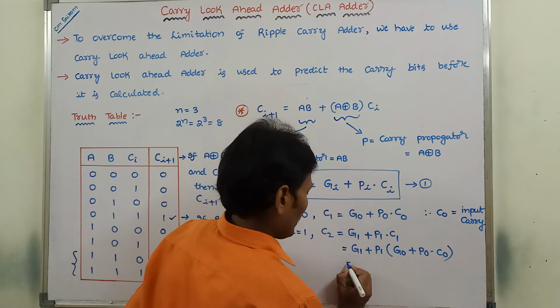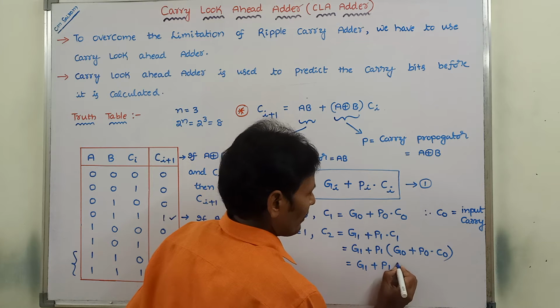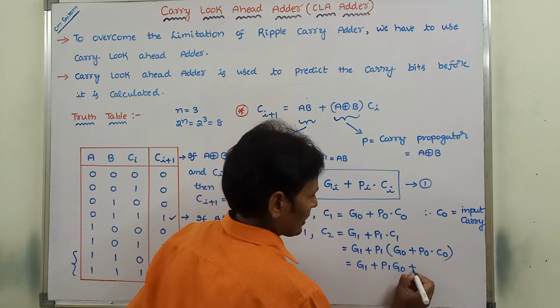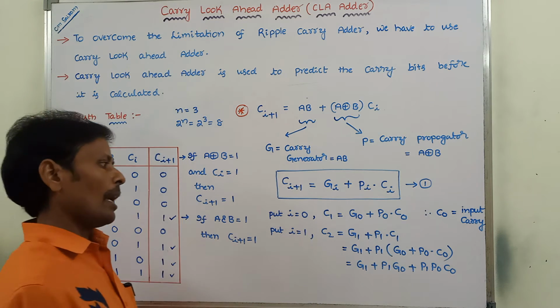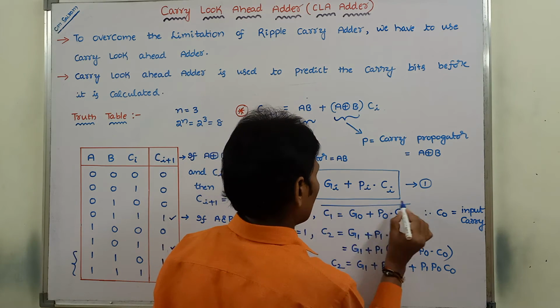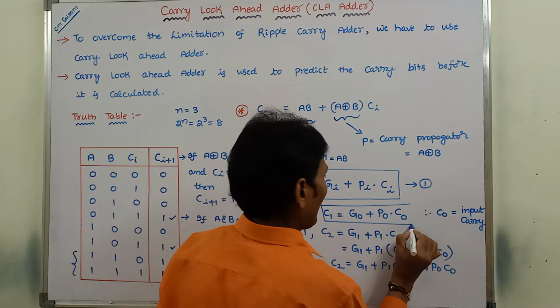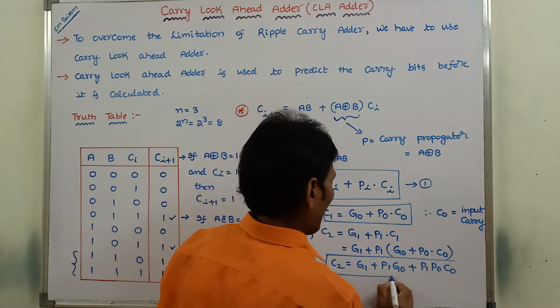That is nothing but G1 plus P1 G0 plus P1 P0 into C0. So this is the C2 value. So this is the C1 value and this is the C2 value.